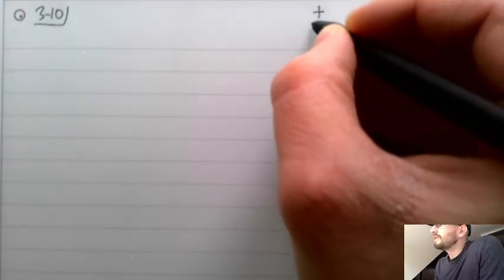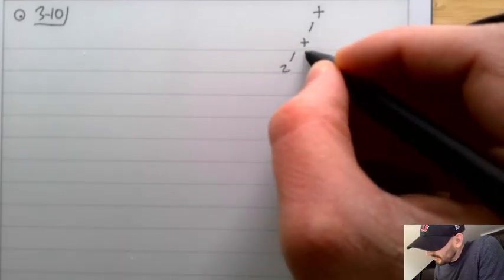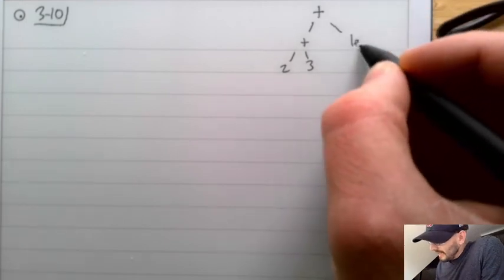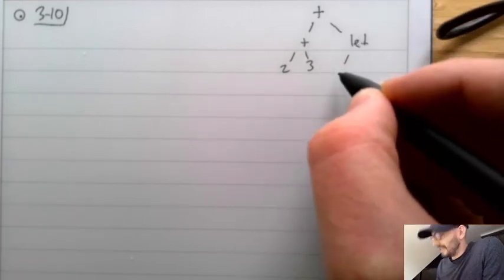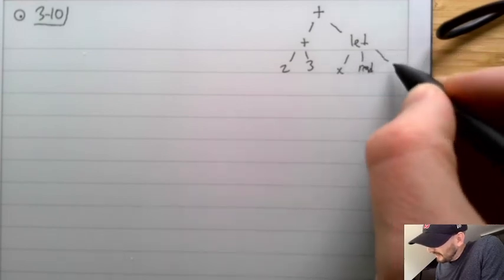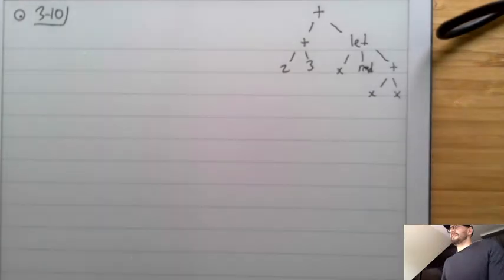So suppose that we have the following program. We're going to have an addition, where on the left is an addition, on the left of that is 2, on the right of that is 3. Then there's going to be a let that has an x and a read, and then inside there is a plus with an x and an x.